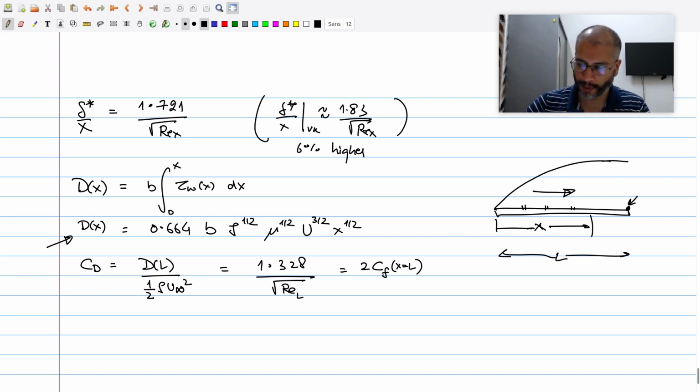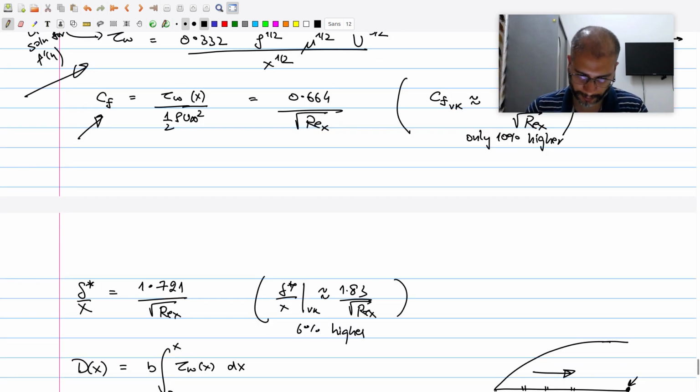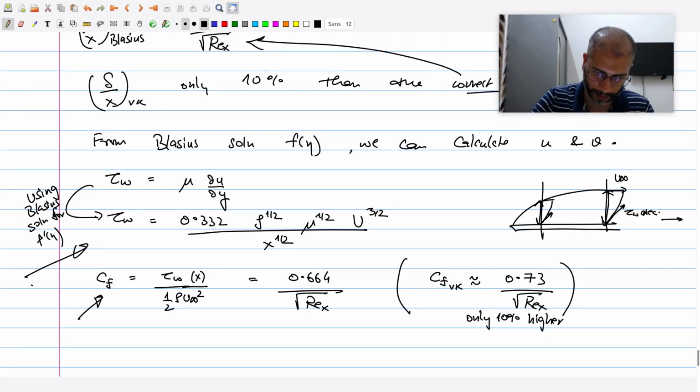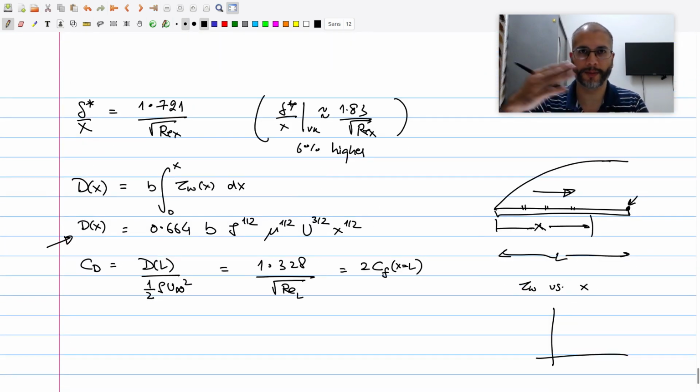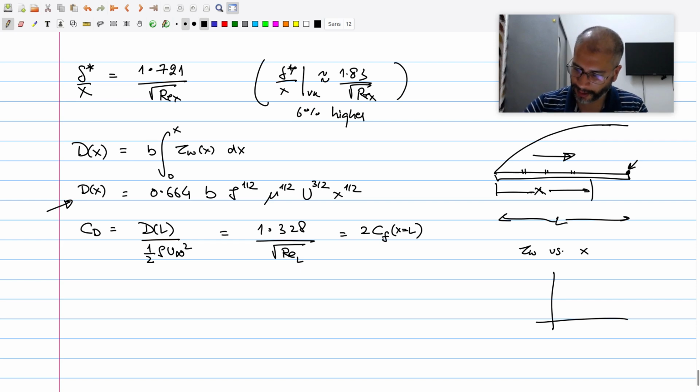If I plot tau wall as a function of x, then at x equal to 0, this expression for tau wall tends to infinity because the boundary layer is almost 0 in length. The x velocity has to go from 0 to u infinity in 0 distance, so that's a singularity. So tau wall goes as 1 by square root of x.